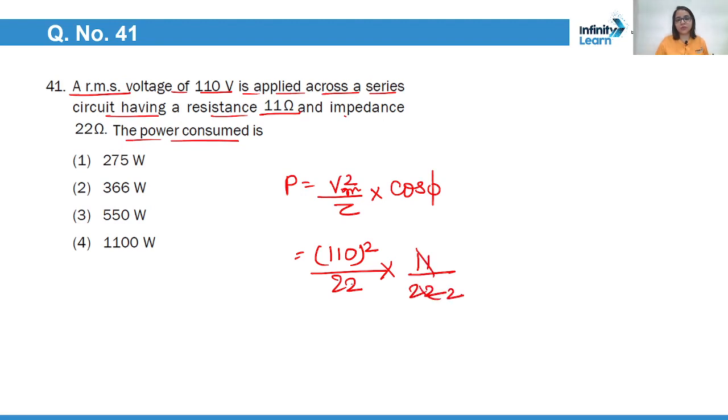So this will be 2, and it will be 110 into 110 divided by 2 into 22. So we have 1100 divided by 4, which is 275 watt.